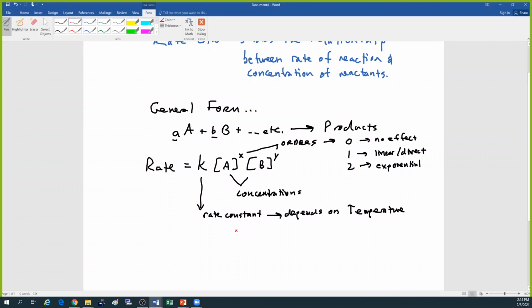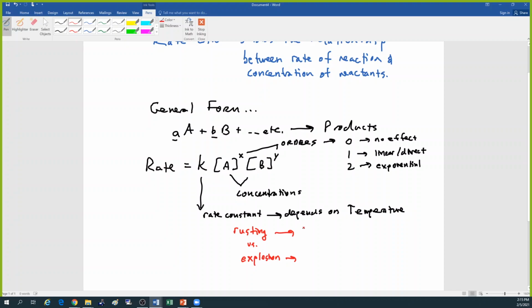If I was comparing the difference between a reaction rate of, say, rusting versus an explosion, just picture what that means in terms of reaction rate. How would you assume the size of K would be in those cases? If I compare this rate constant for a rusting reaction versus an explosion type reaction, how would K compare?